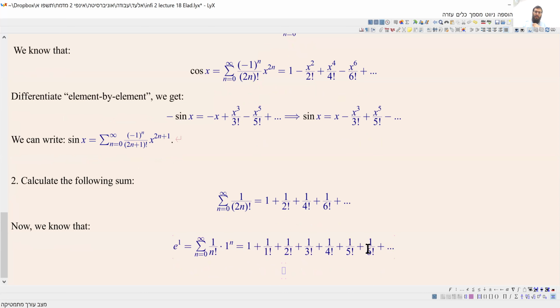What can we do with this series in order to get rid of every odd index?